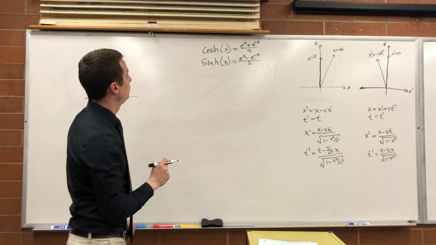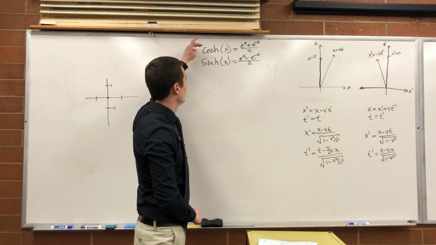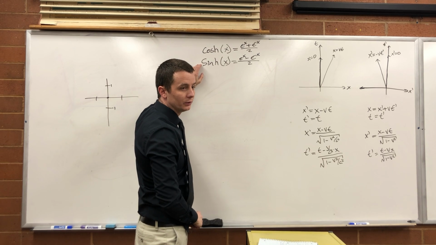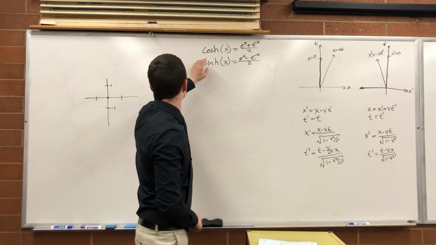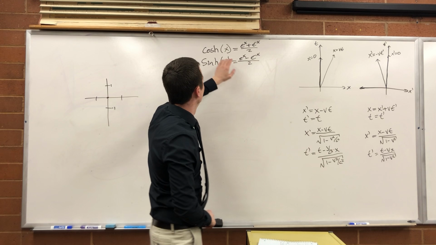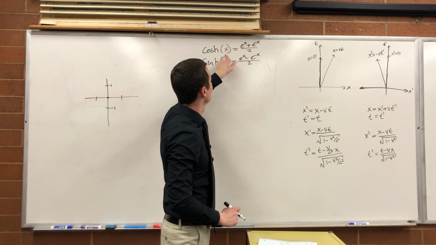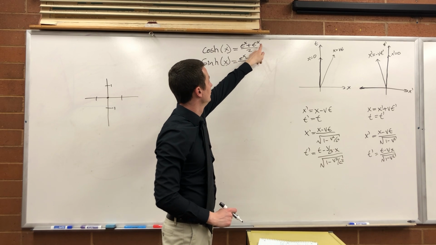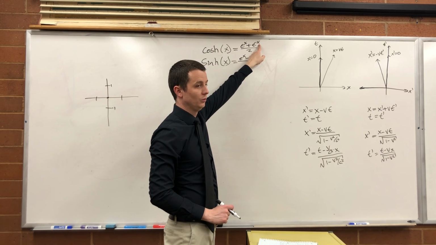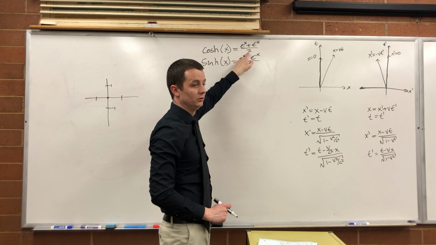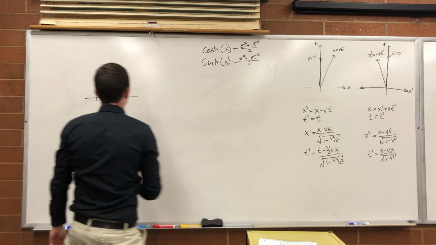What happens when we plug in 0 for both of these? So cosh gives us our x-coordinate, sinh gives us our y-coordinate. Same as before. So it's only going to do the top half, but plug in 0 to this, what do we get? 1 plus 1 over 2, so we get 1.